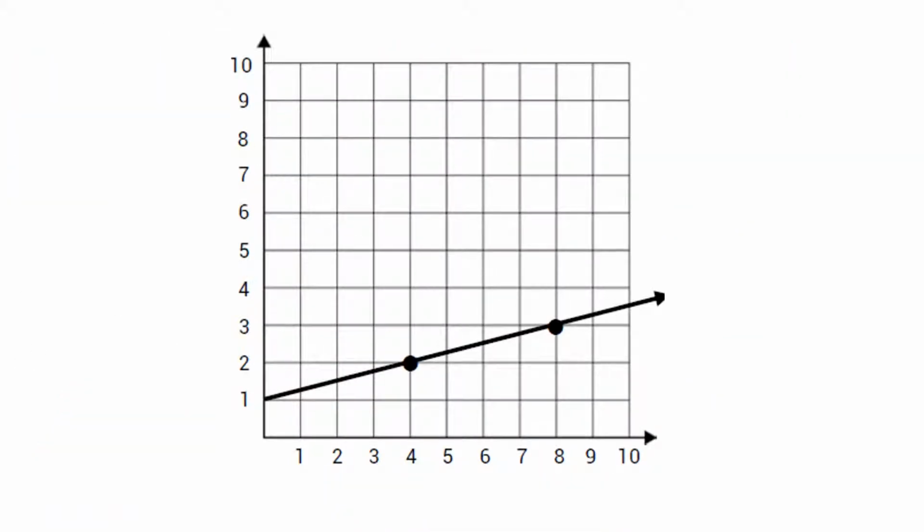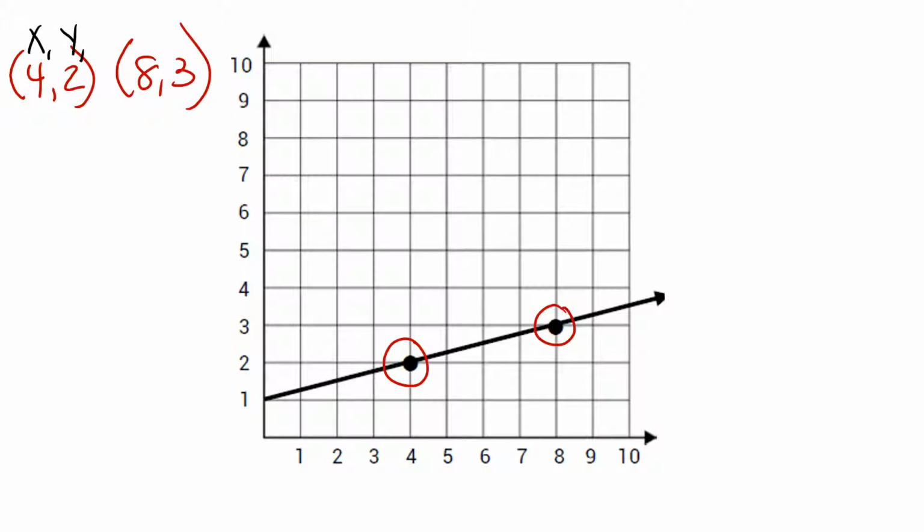So for this problem, again, looking at our points, we have 4 and 2, and we have 8 and 3. We label them x1 and y1, x2 and y2.